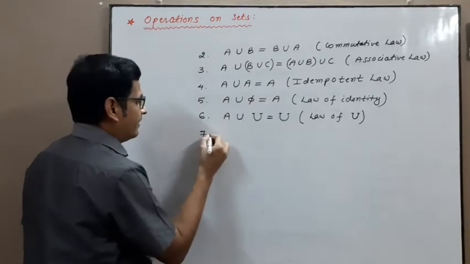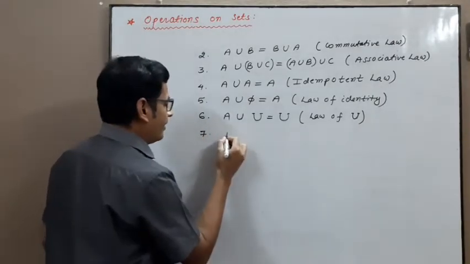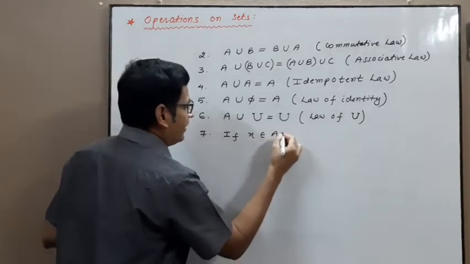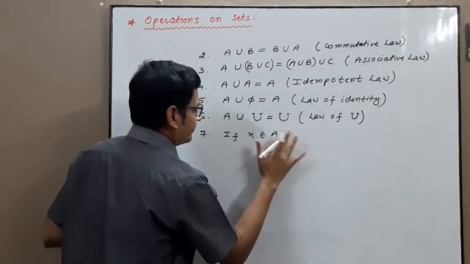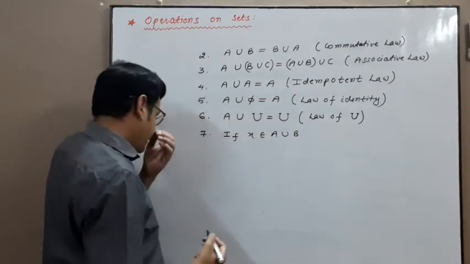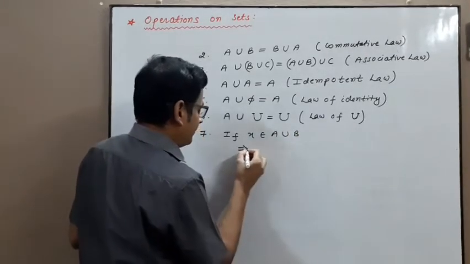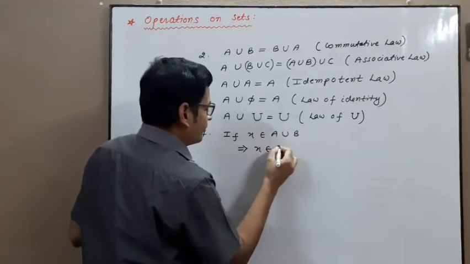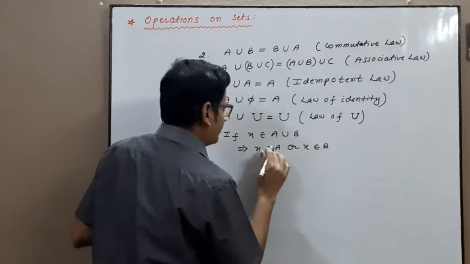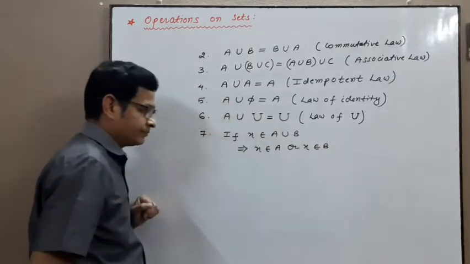Point number 7, if x belongs to A union B, the next step we always write x belongs to A or x belongs to B. Union means or.